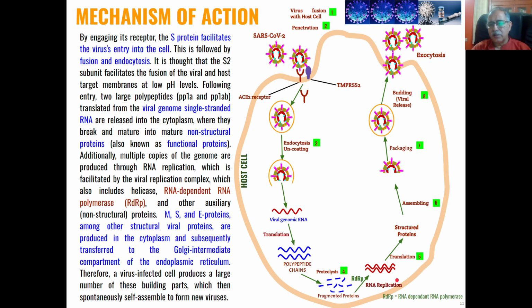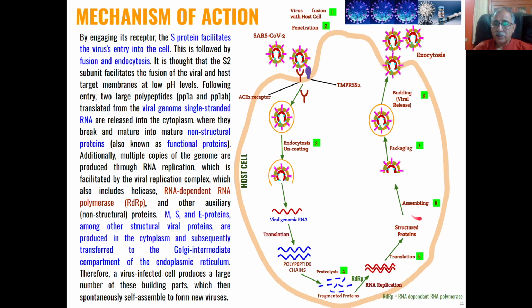Then, through translation, these are converted into structured proteins like M protein, S protein, and E protein. They are produced in the cytoplasm and subsequently transferred to the Golgi intermediates, where the endoplasmic reticulum interacts with the structured proteins, and then a virus infected cell produces a large number of these building parts.